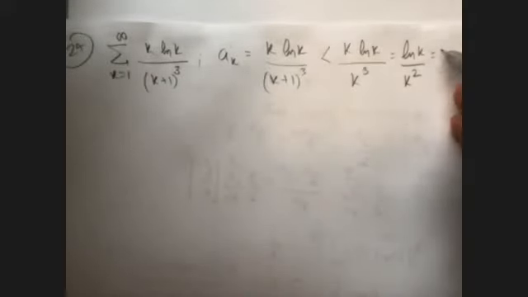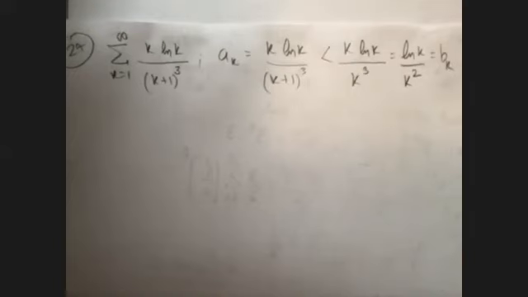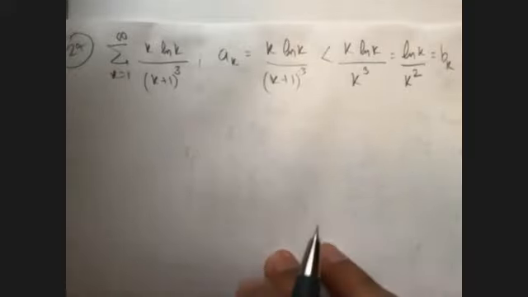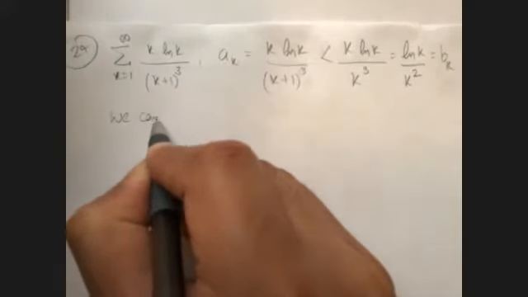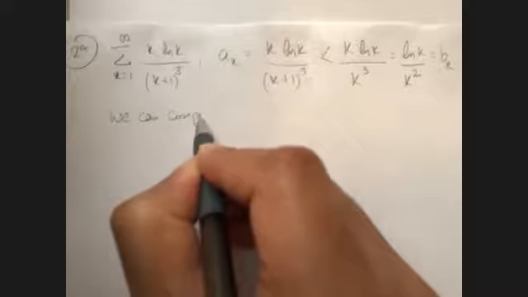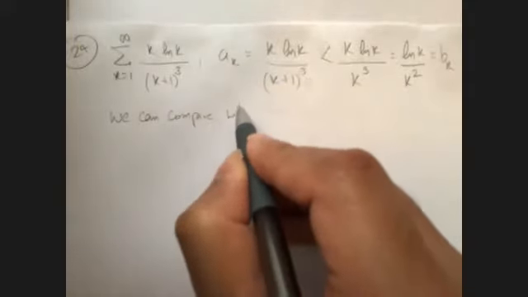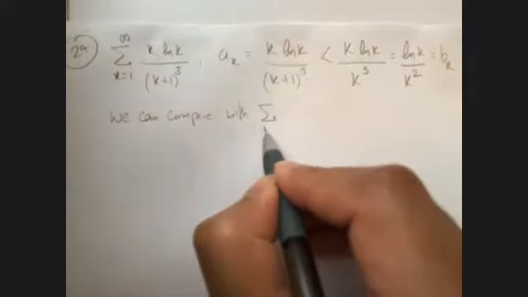K cancels out. So let's call this BK. So we can compare it with BK. We can compare with this series.